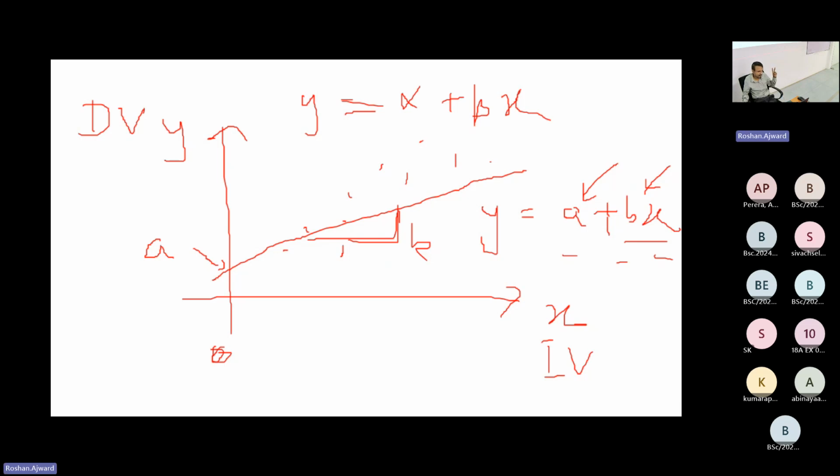Because it has only two variables. Why we call a bicycle? Because it has two wheels. This is called a bivariate regression.